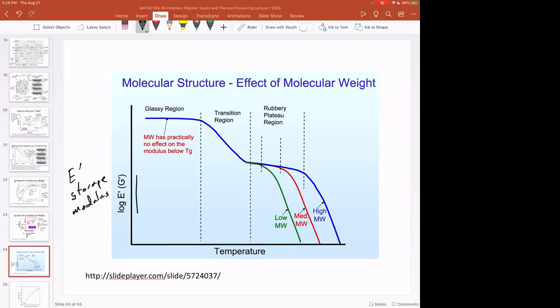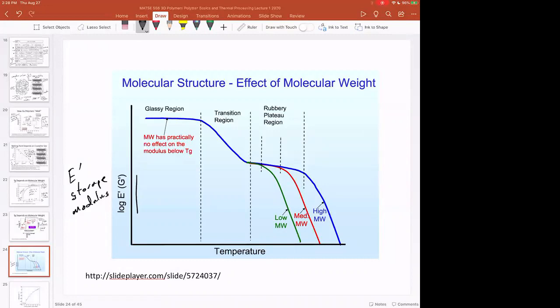But we measure the modulus because it gives you an idea of the physical properties of the polymer across a very large temperature range. So glasses have moduli. Of course, semicrystalline polymers do. Rubbers have moduli, and liquids have moduli as well.